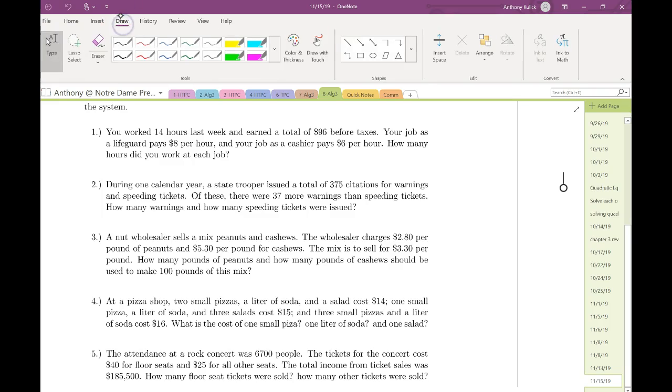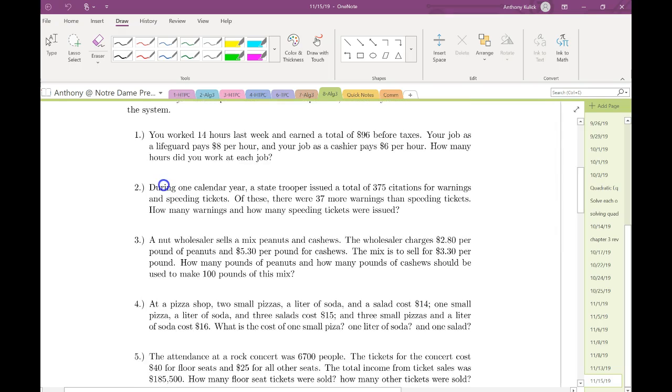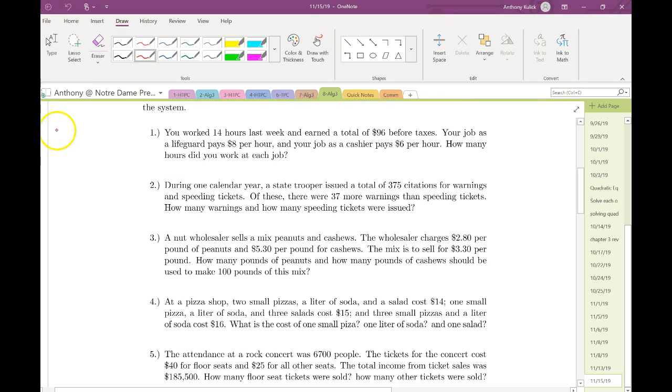So let's start by defining a variable to represent the two things we're looking for. I'm going to use the variable L to be the hours that we spent lifeguarding, and the variable C to be the hours that we were a cashier.